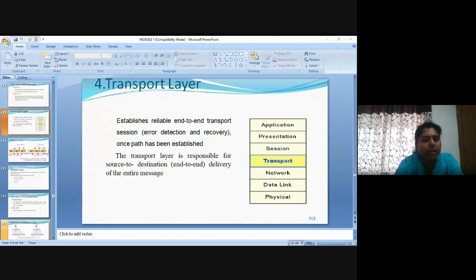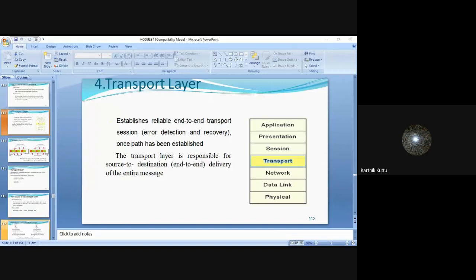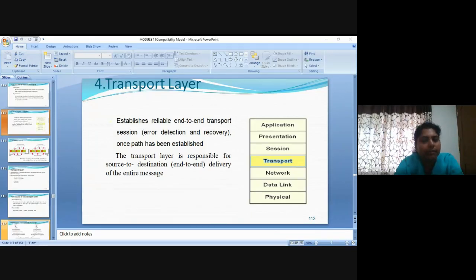Now, Karthik, what are the functions of the transport layer? I mean, sorry, presentation layer. Concerned with the syntax and the semantics of information exchange between systems. That you can call as translation, right? Converting one format to a common format that is suitable for the device. Then, what was the second function?